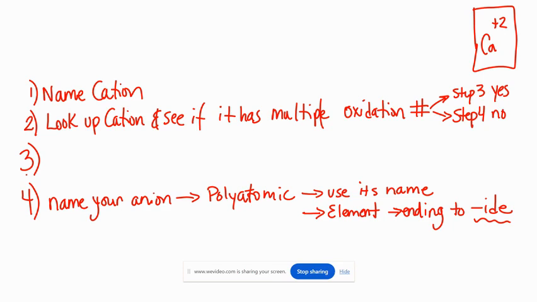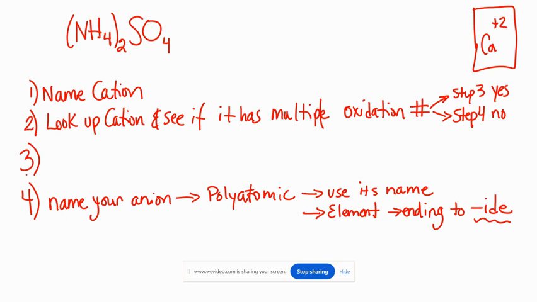Okay. So we're going to move down to the next section, which is naming ionic compounds with polyatomic ions. The first one here is (NH4)2SO4.